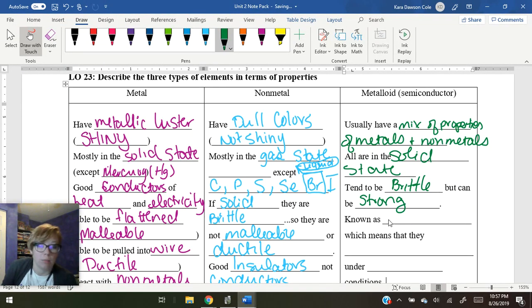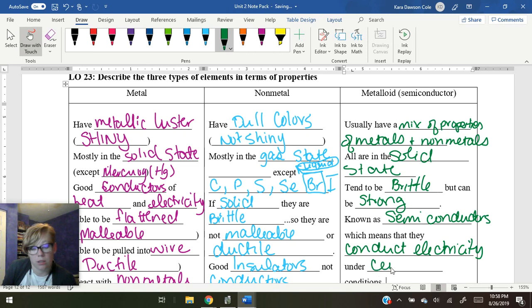These are known as semiconductors, which means that they conduct electricity under certain conditions.